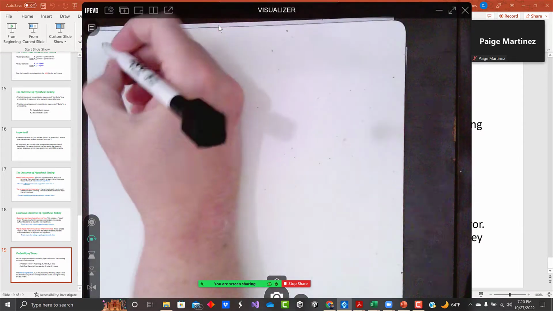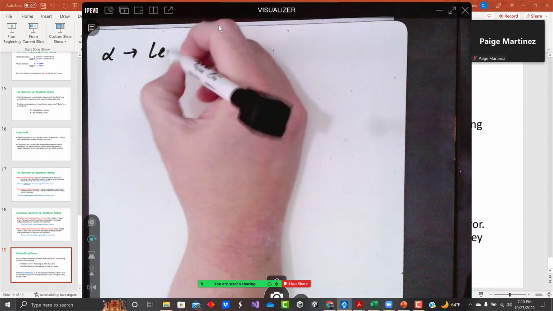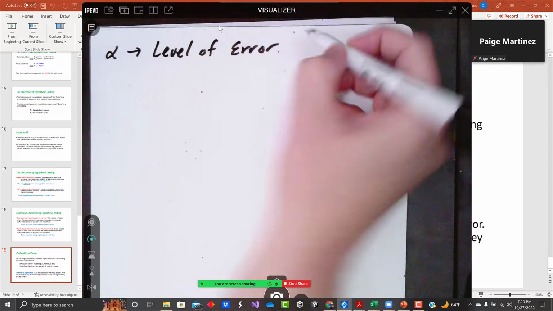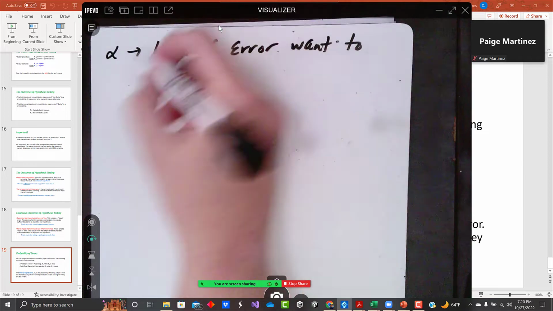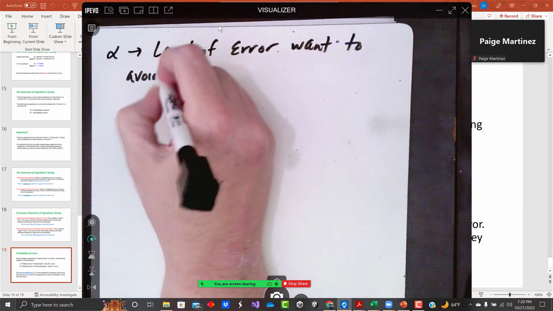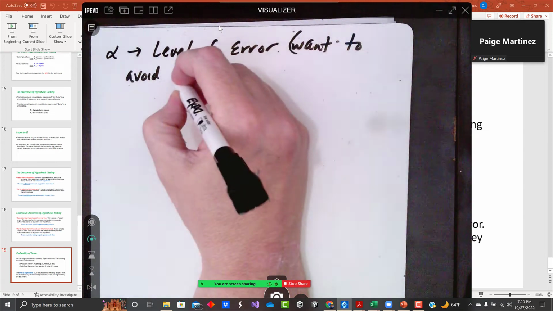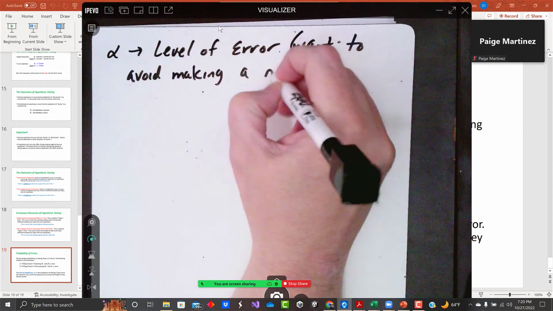So this alpha thing, this level of error that we want to avoid, you want to avoid making a mistake.